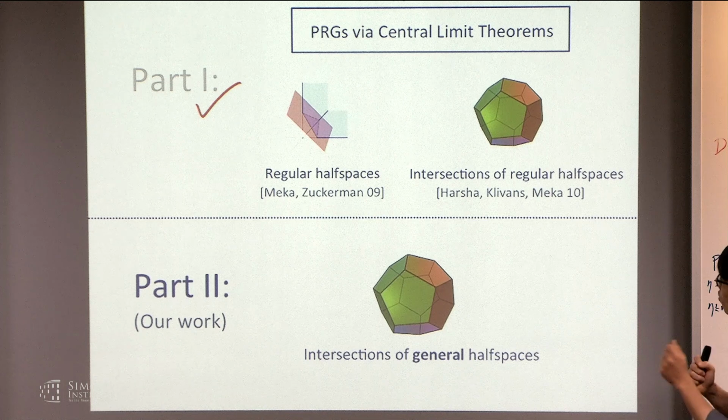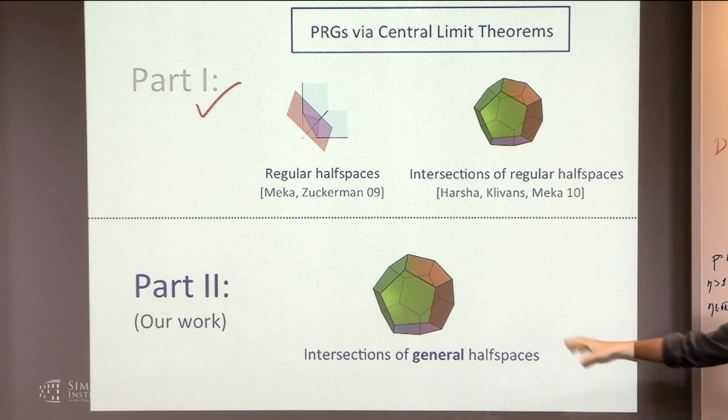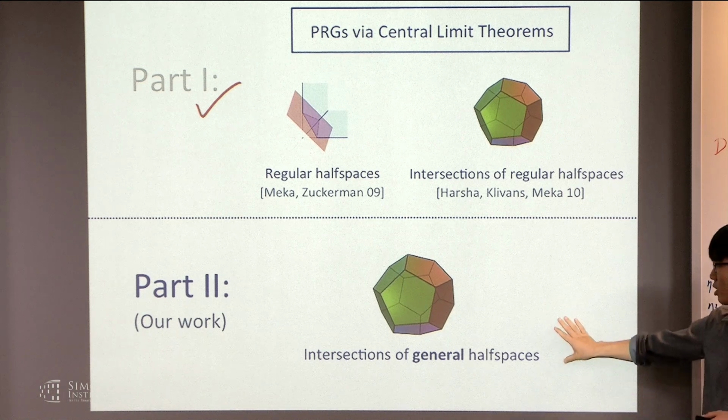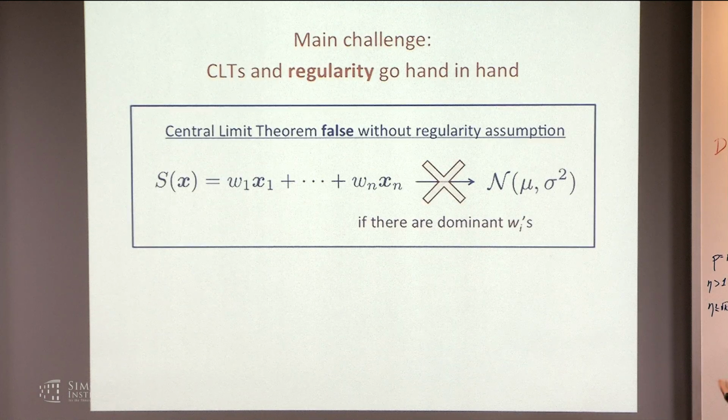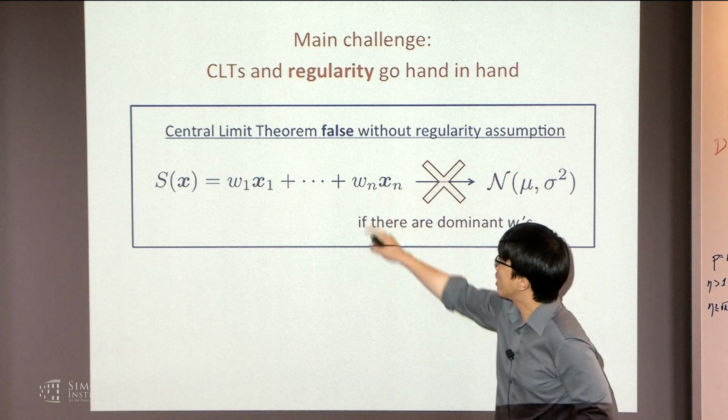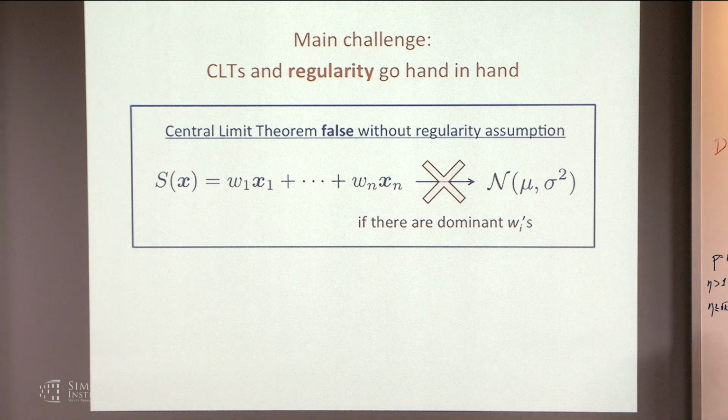Hopefully, though, we have seen that the notion of regularity is very crucial to this framework, even in the one-dimensional case. So in my remaining time, let me talk about intersections of general half spaces. As alluded to, the main challenge, even in the one-dimensional case, is that the central limit theorem simply does not hold when you're dealing with non-regular half spaces. If there are dominant w_i's, it's just not going to look like a Gaussian.